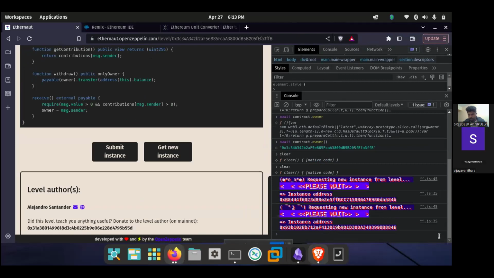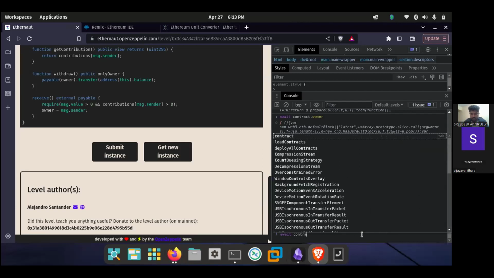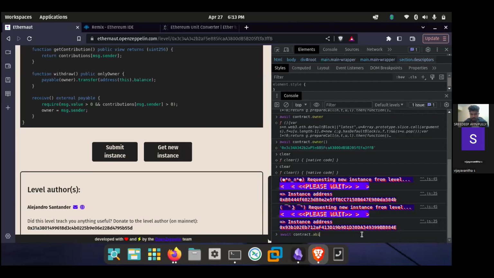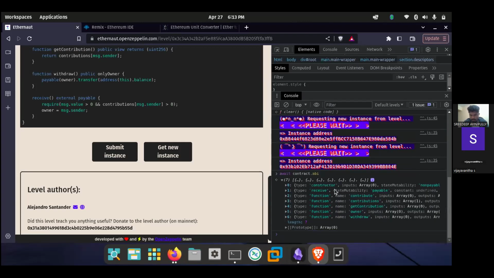Now if you type await contract.abi, you can see what functions are there: receive function, contribution, contribute, getContribution, owner, withdraw function. These are the functions available.